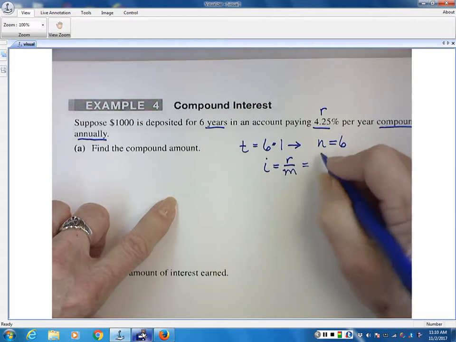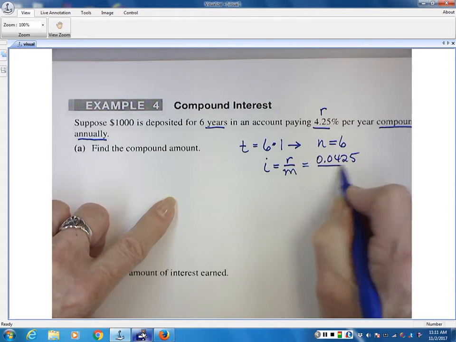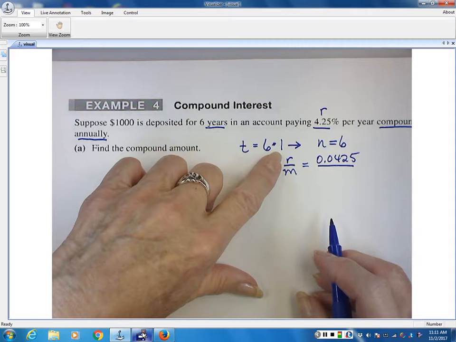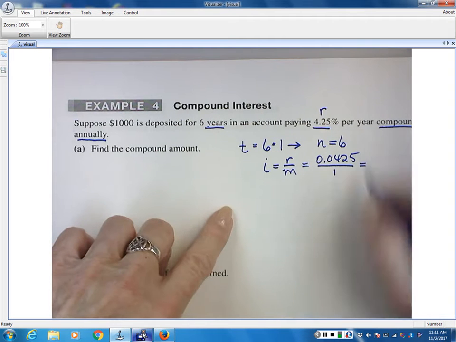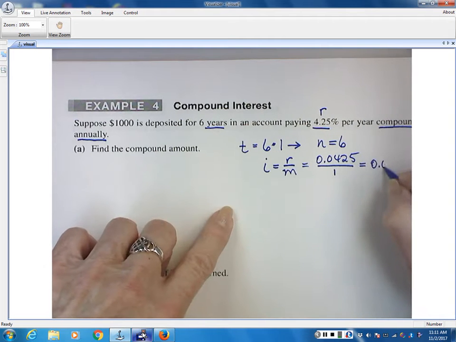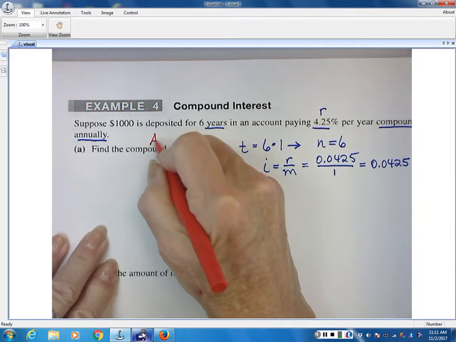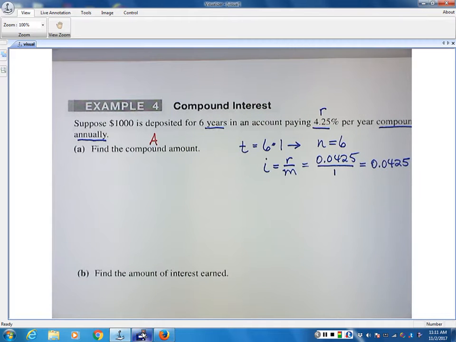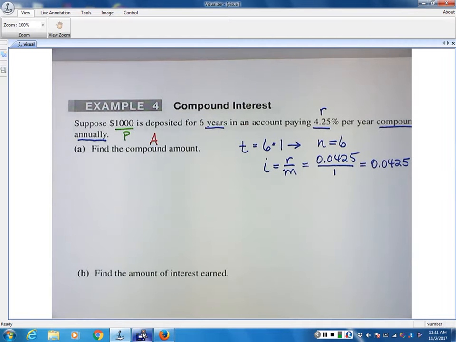So in this case, it is 0.0425, but since the number of compounding periods is 1, then it's the same as the annual interest rate. So it says find the compound amount. The compound amount is A, the future value. And our present value, P, is $1,000.